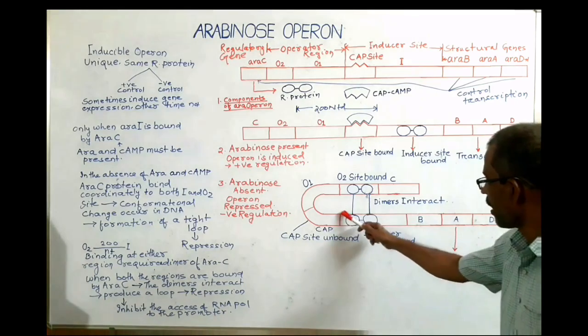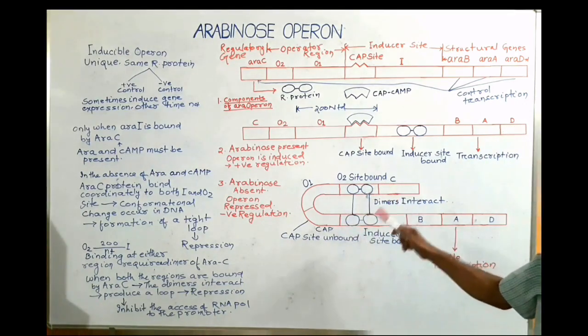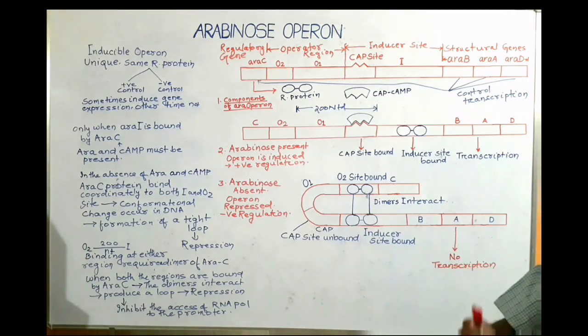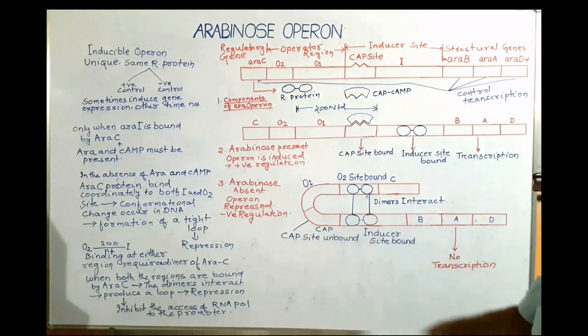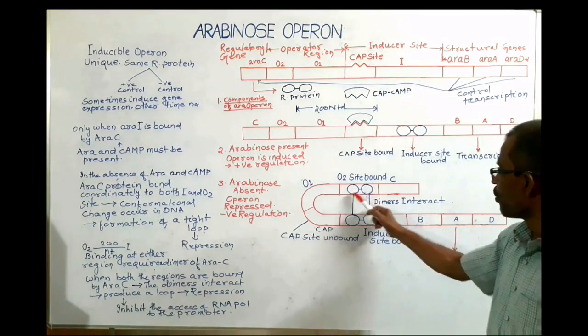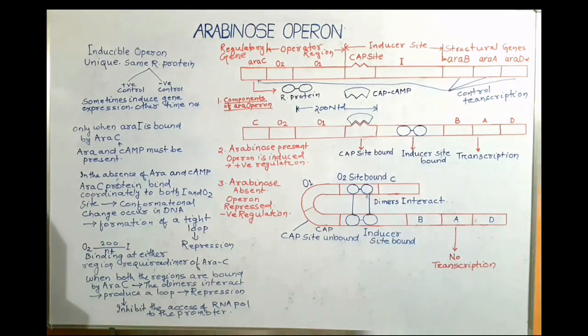This is the I site and this is the O2 site. When both arabinoids and cyclic AMP are absent, this regulatory protein araC binds coordinately to the O2 site as well as to the I site.